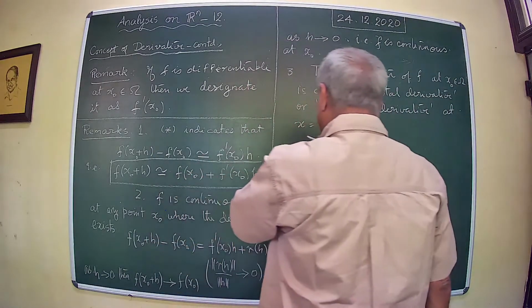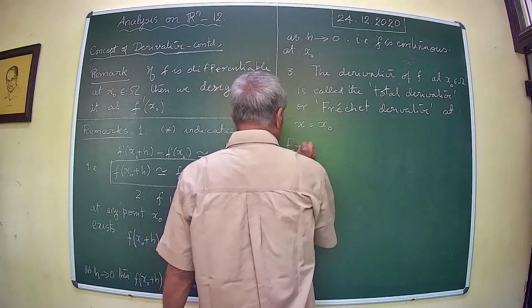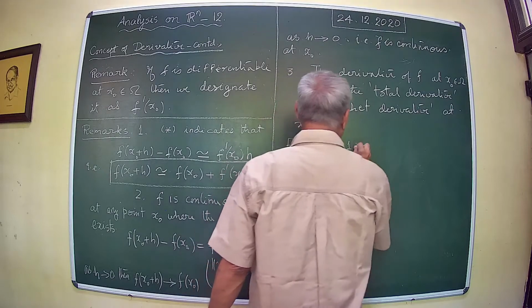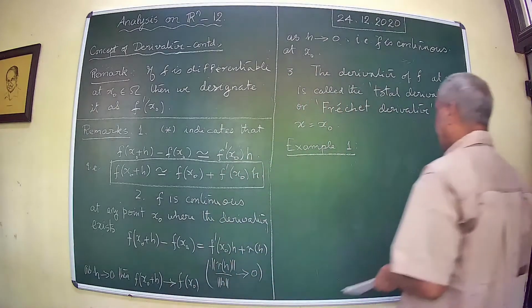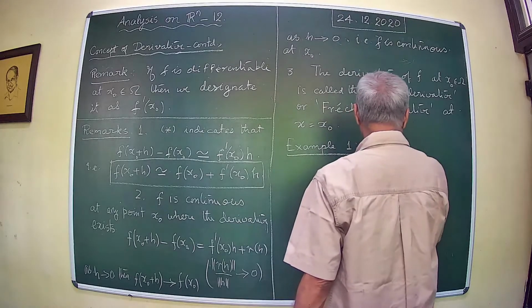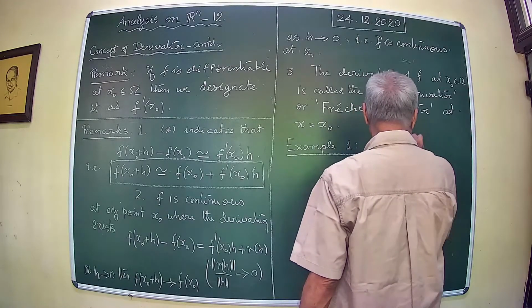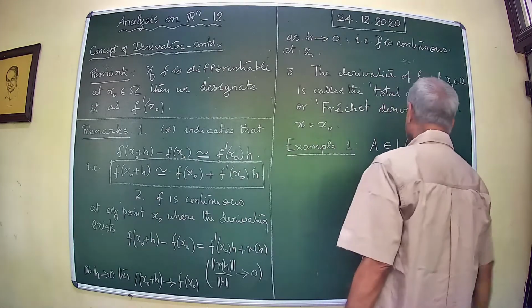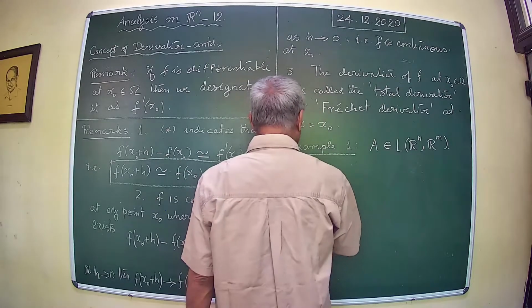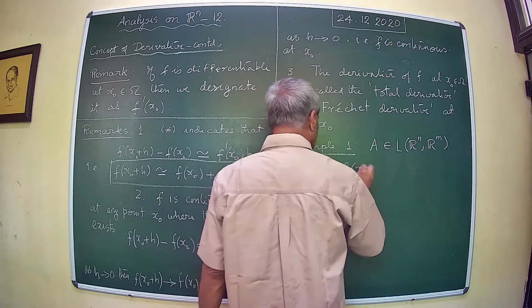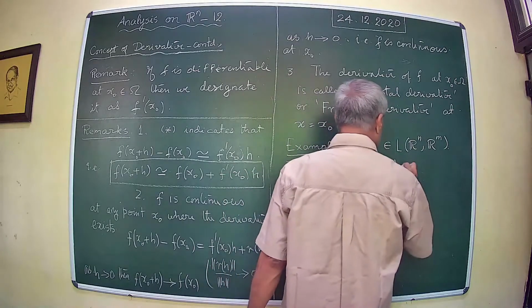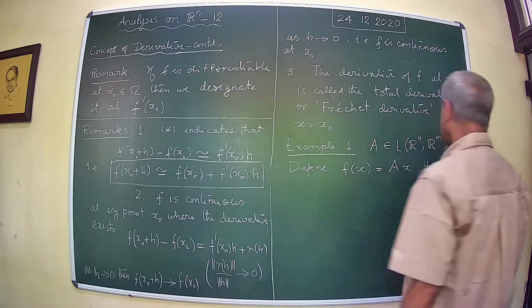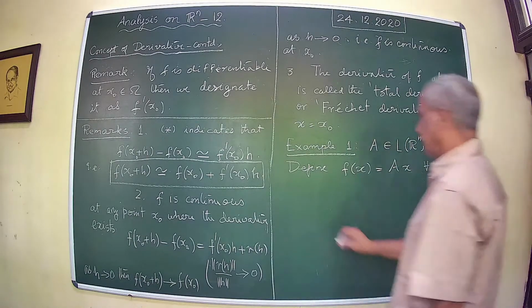Now let me do an example. We take A belonging to L, Rn, Rm, and define f of x equal to Ax. Now what is the derivative of f?